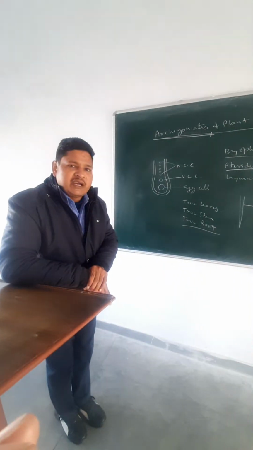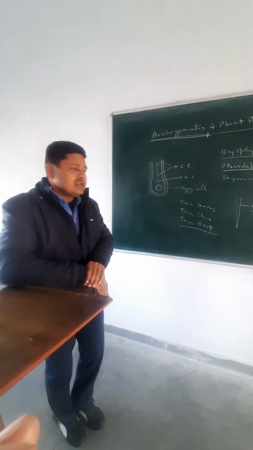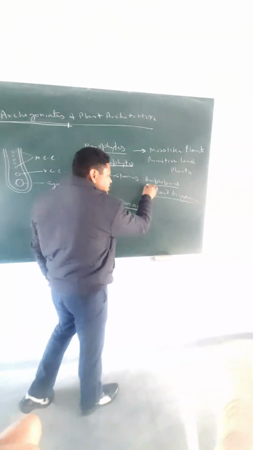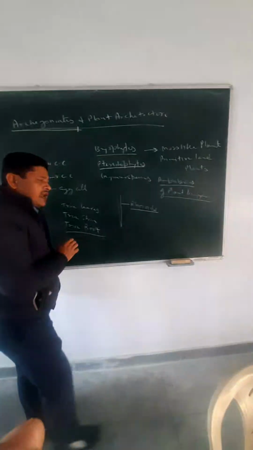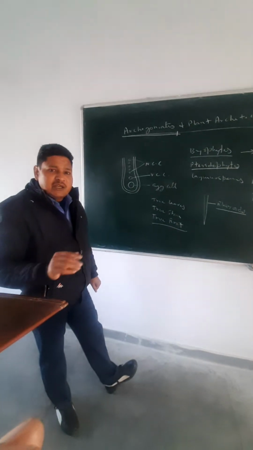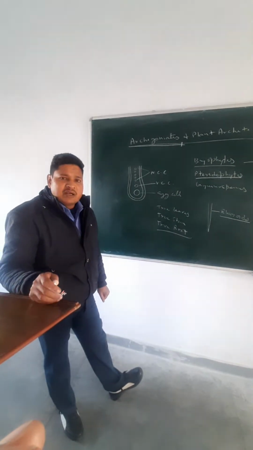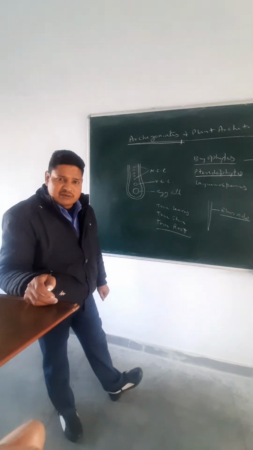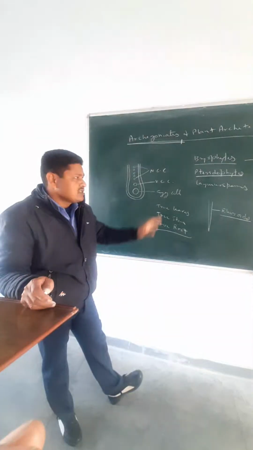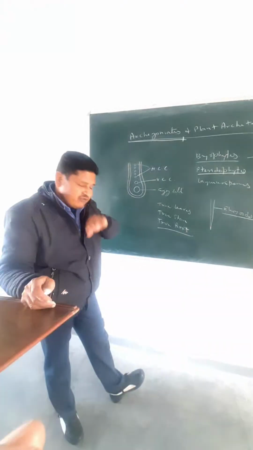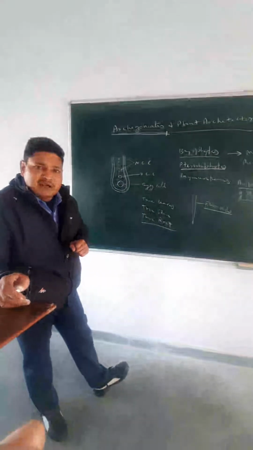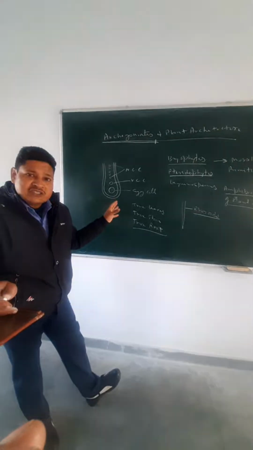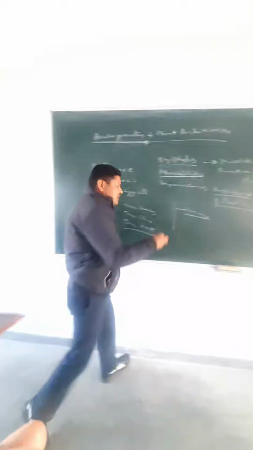These pteridophytes are also called the amphibians of the plant kingdom, because like the bryophytes, they require water for fertilization. They are also called the snakes of the plant kingdom.